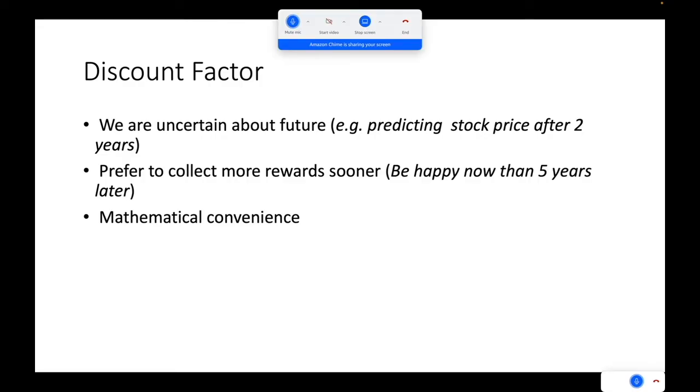It can also be for mathematical convenience, because if there is no discount factor, some of the expressions may not converge. So it's purely for mathematical convenience that we will need a discount factor.